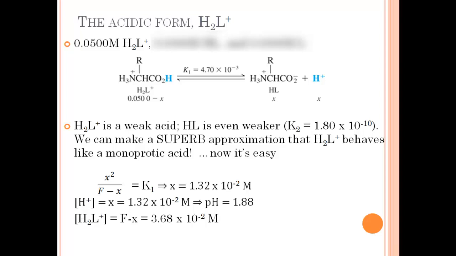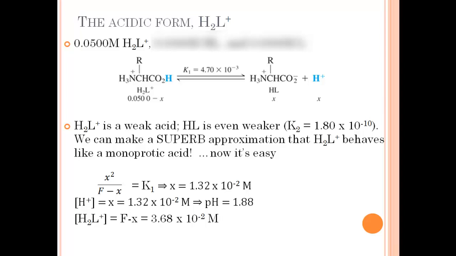If you do that approximation, it becomes super, super simple because it becomes like everything else we've seen before. To find the pH, you have to find the concentration of H+, for which of course you would use your Ka expression, which is our regular x squared divided by F minus x. You know what your K is because you've got it from your table. And then all you do, you know what your formal concentration is, which is 0.0500.